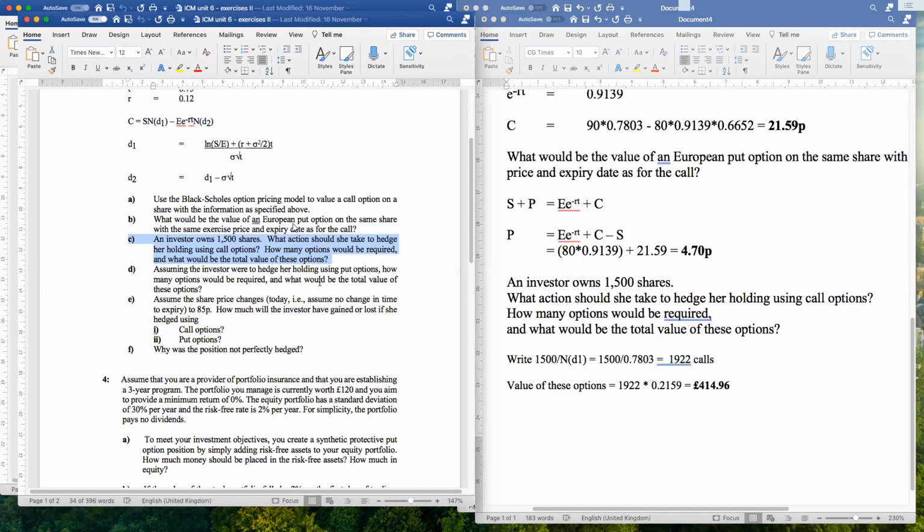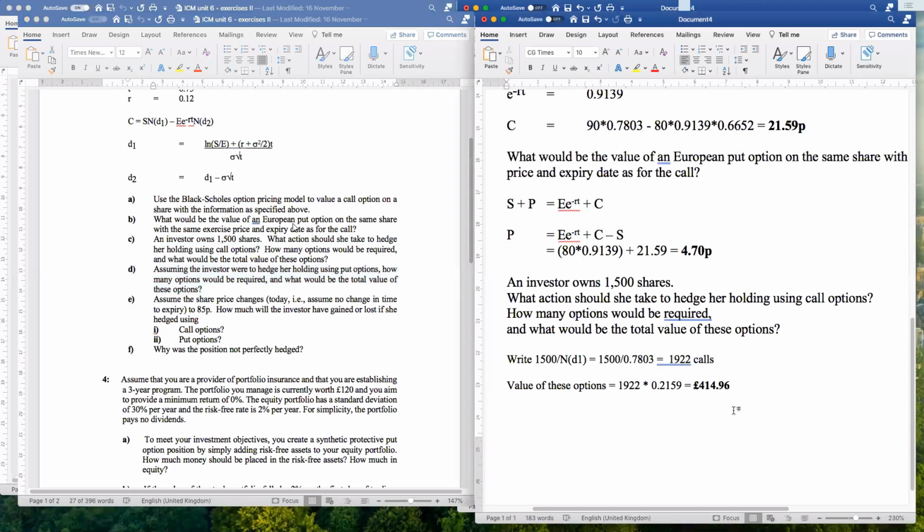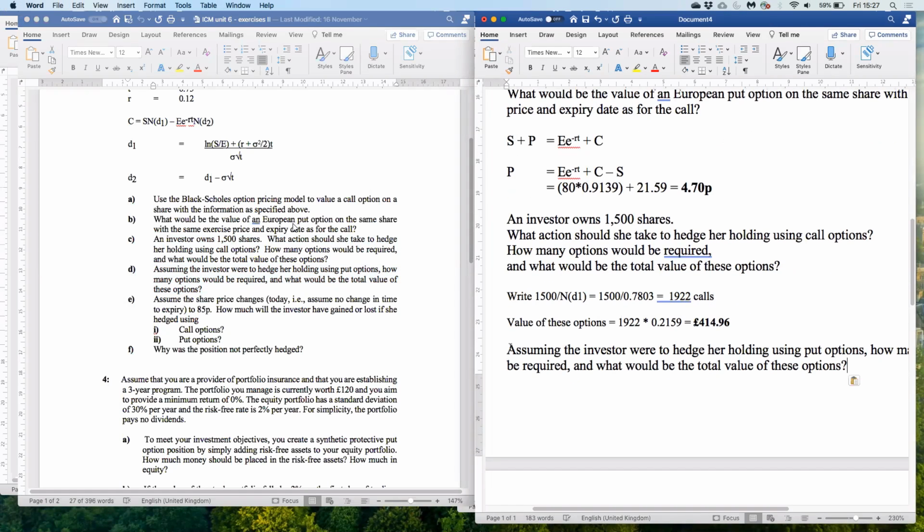Okay, question D is in contrast to question C. Assuming the investor were to hedge her holding using put options. This is question C and question D. How many put options would be required and what would be the total value of this option?